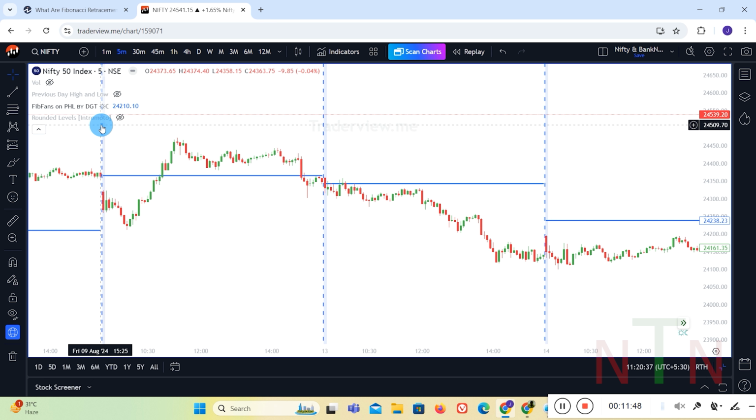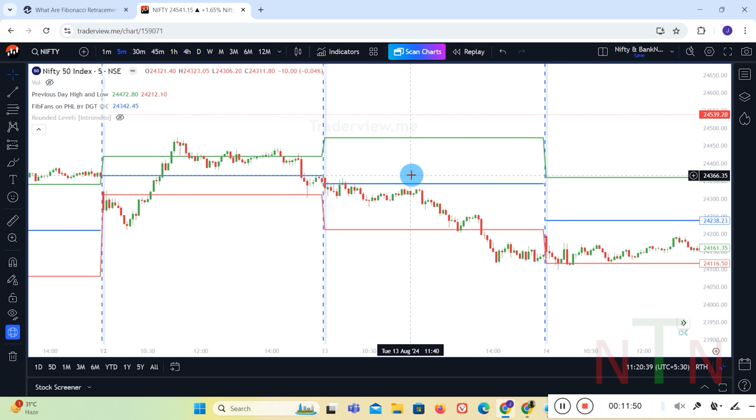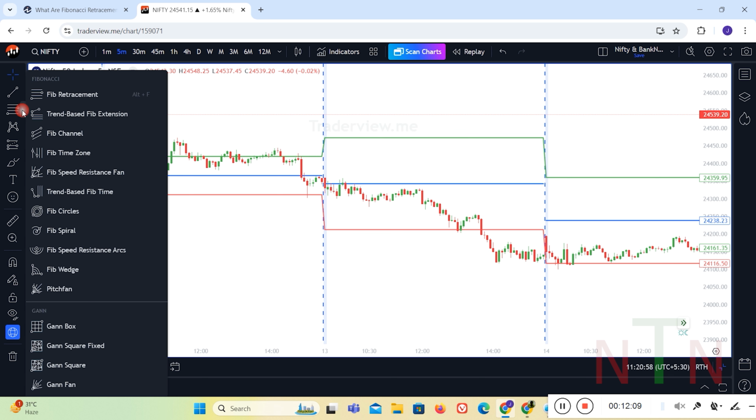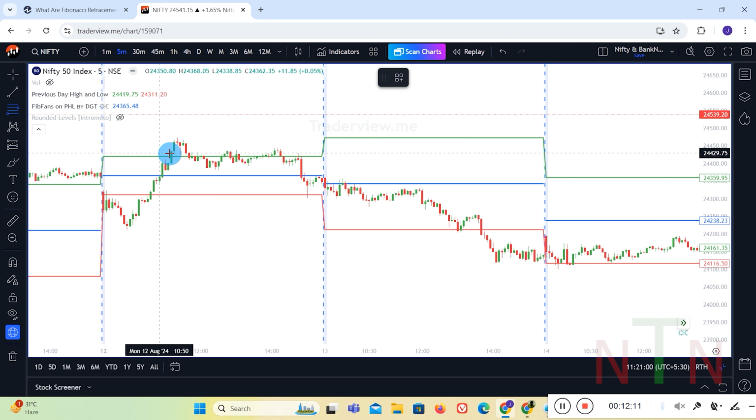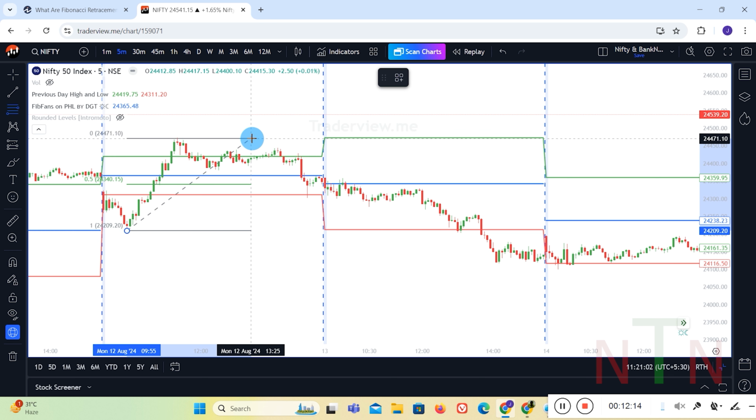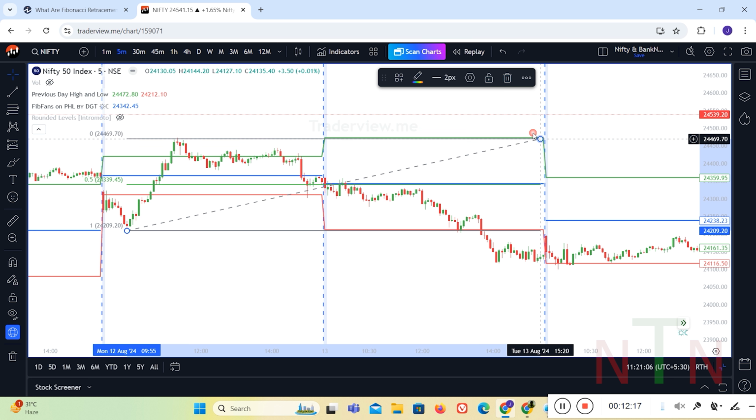Now I'm enabling the previous day high low. Can you see this? This center point is of the 12th day's high and low. I am also doing it manually for this previous day, and exactly that green line is coming and plotting there.